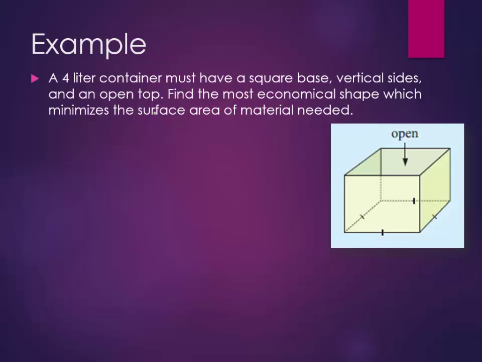Okay, 4-liter container. Find the most economical shape which minimizes the surface area of the materials needed. So we have a specific volume, but now we want to say, hey, my company wants to create something that uses the least amount of material, which means least amount of surface area.